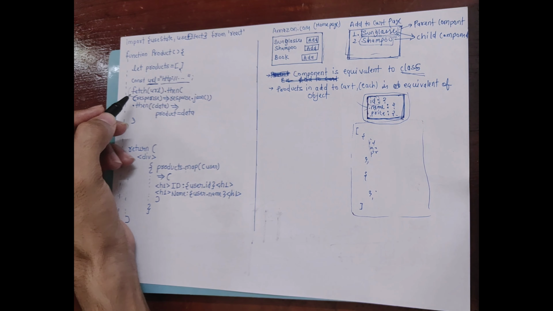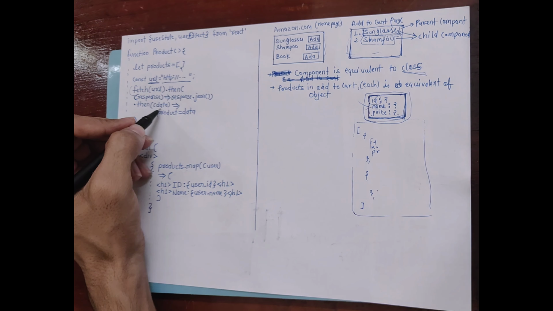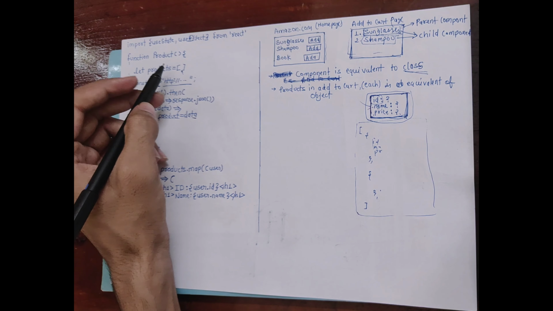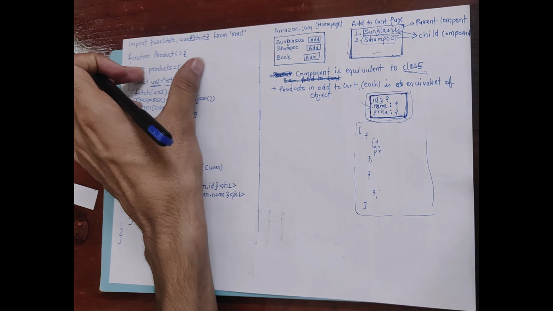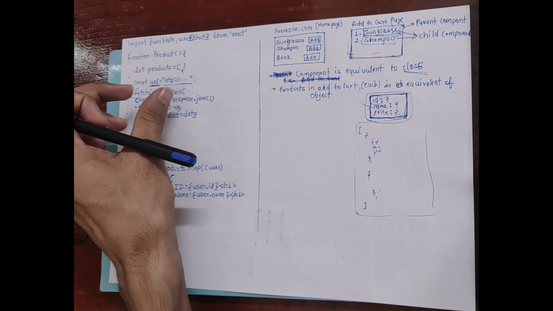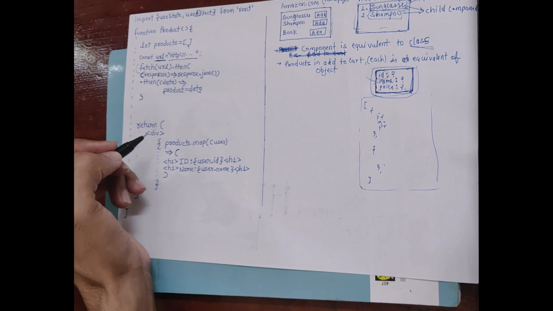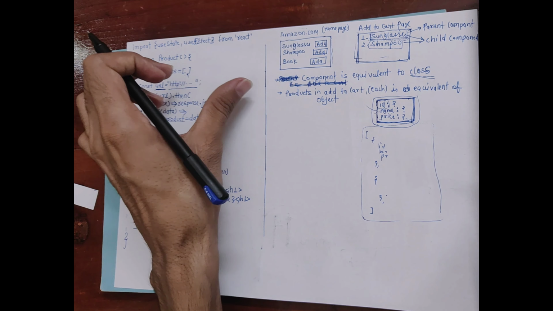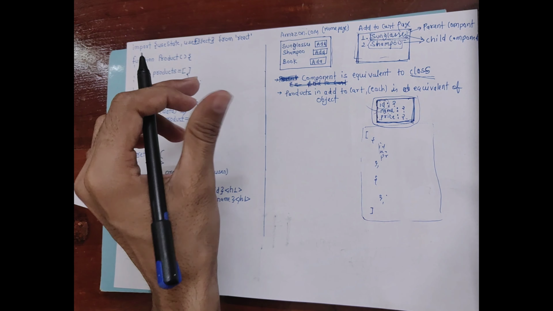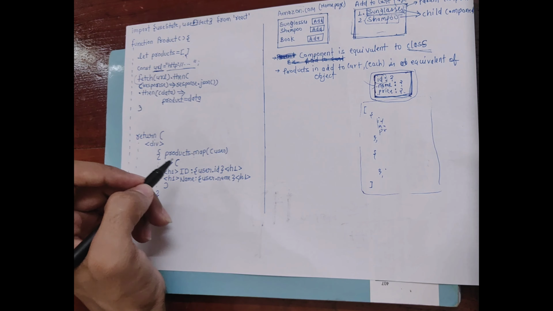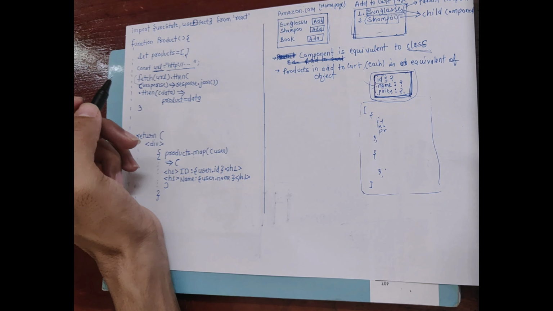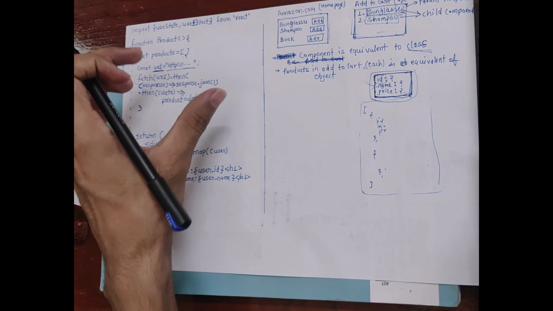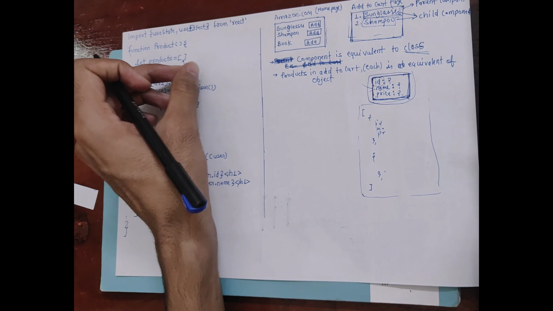Now this will fetch the data, and what you need to do is copy this data into your product array, so that initially it was empty, now it will be filled with objects, right? Now in the return part, if you want to print the objects in your browser, you need to use map, because it is an array, and in JavaScript we usually use map to print the things inside an array.